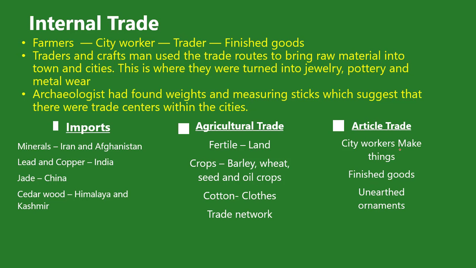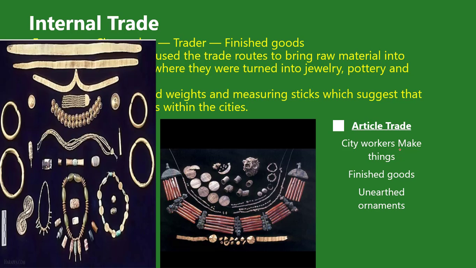Article trade. City workers made things and traders transported these things to the end user. Unearthed ornaments and accessories made out of seashells, pearls, and beads were also traded.